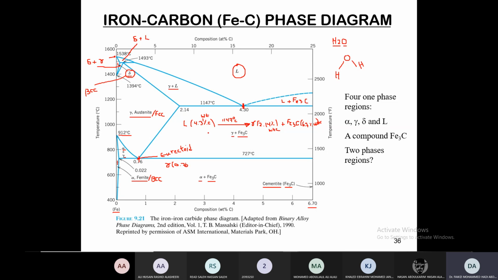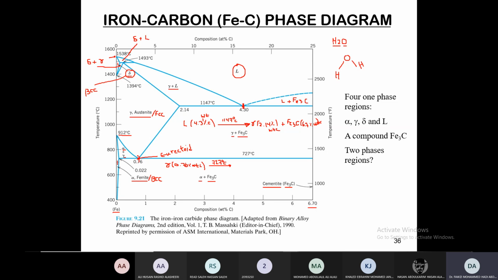I'm not going to write the rest, okay? Percent by weight carbon. That's the gamma, and it transforms at 727 degrees centigrade. See, I don't memorize these equations.